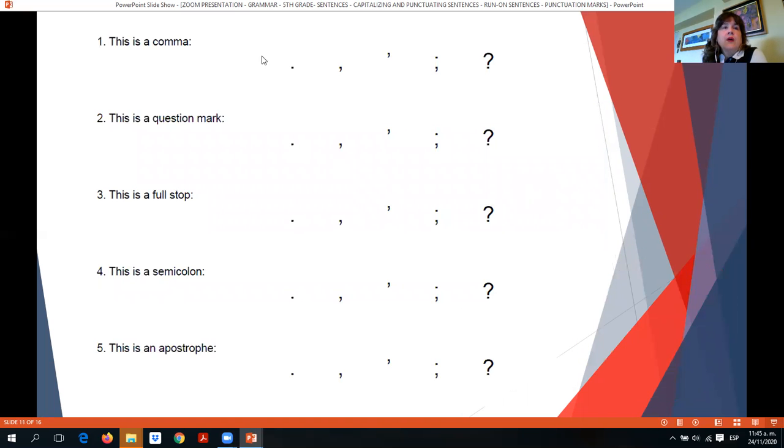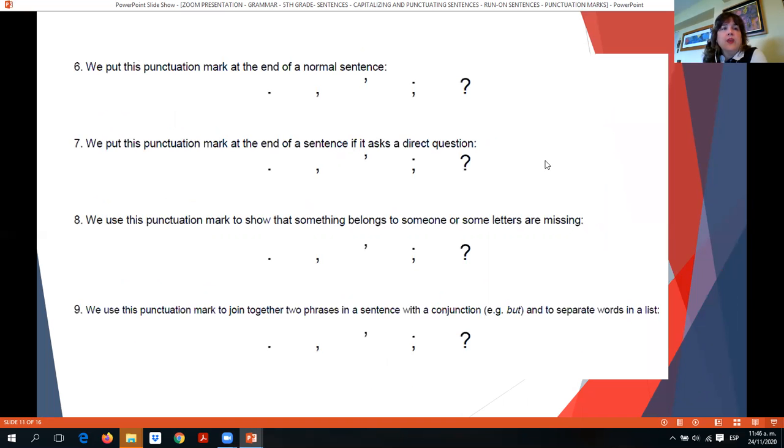All right, so we have here some exercises that we are doing in class, but they're very easy. For example, this is a comma, this is a question mark, this is a full stop, this is a semicolon, this is an apostrophe. We put this punctuation mark at the end of a normal sentence, period. We put this punctuation mark at the end of a sentence if it has direct questions, so it is the question mark.